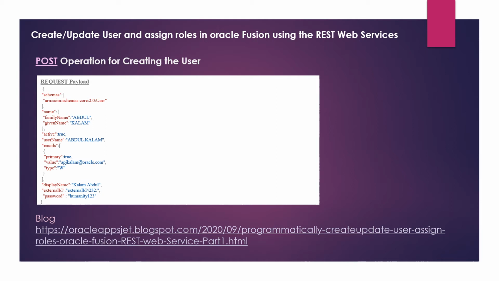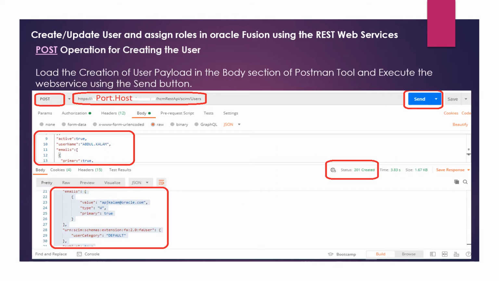For such information, we have to pass it to the Postman tool in the form of a payload. So payload has a specific element and specific format, which you can get from the blog below. Once we are ready with the payload, we are going to pass this information to Postman tool to create the user.